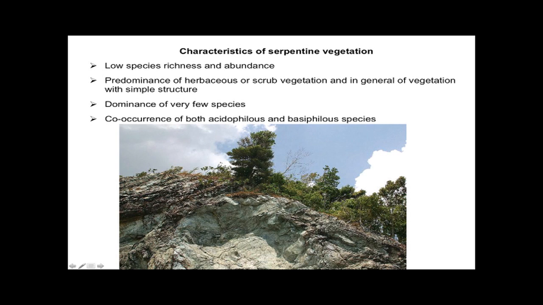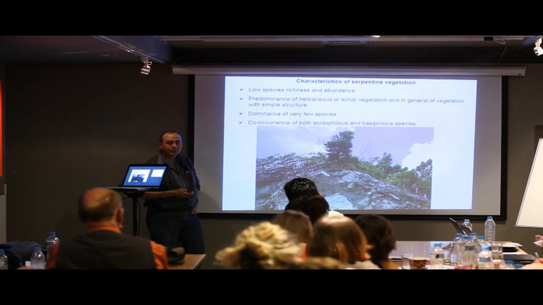In general, the vegetation of these soils has a very simple structure. We don't have, for instance, a lot of vegetation types with a tree layer. We have the dominance of very few species in the serpentine habitats, and also something peculiar for the floristic composition of this vegetation type is the co-occurrence of both acidophilous and basiphilous species.